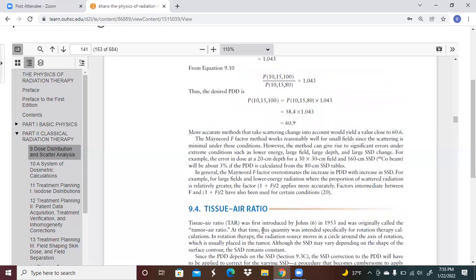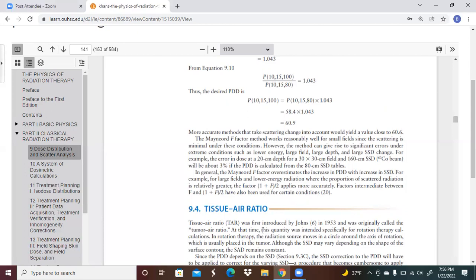Now, again, there are a bunch of other factors that need to be taken into account, but this is a pretty good, quick and dirty estimation as to what the change is going to be like. Works well for small fields since the scattering is minimal. However, it can give rise to significant errors if you have a low energy, a large field, large depth, or large SSD change.